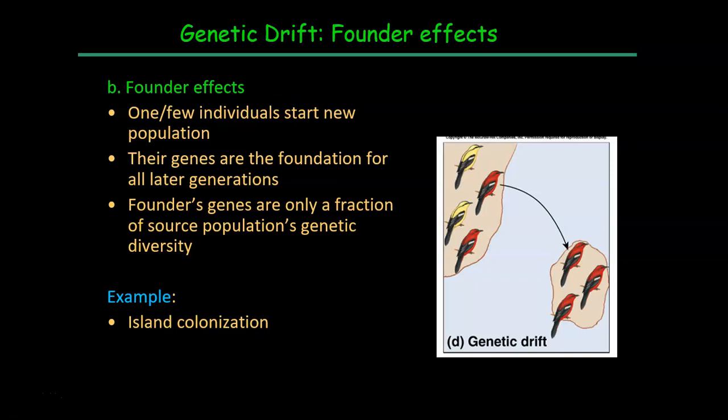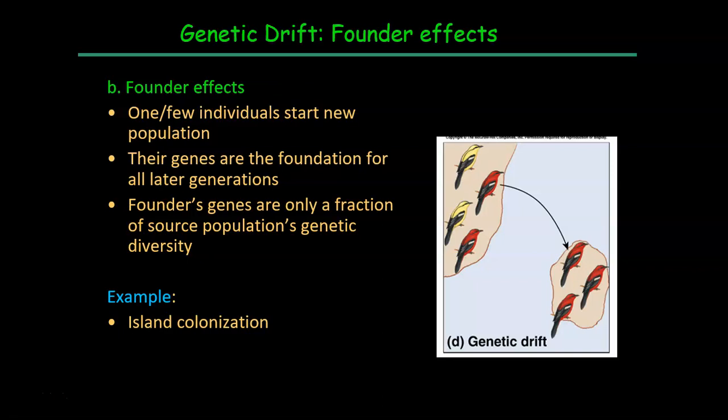But a storm comes along, and a flock of birds get blown offshore, and they land on an island, and they don't know where they are. They're not going back, and they start a population. But as it turns out, they were all birds that just carried the gene for red coloration instead of yellow. And so consequently, this new population of the species out on the island has a very different genetic composition than the birds that are back on the mainland.